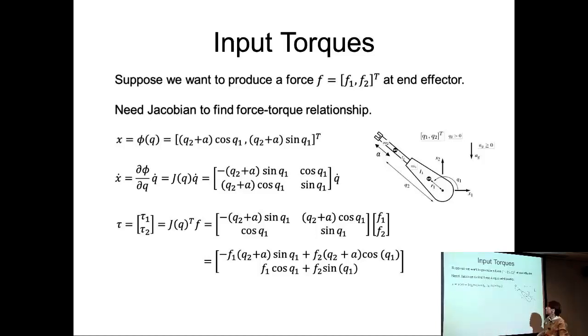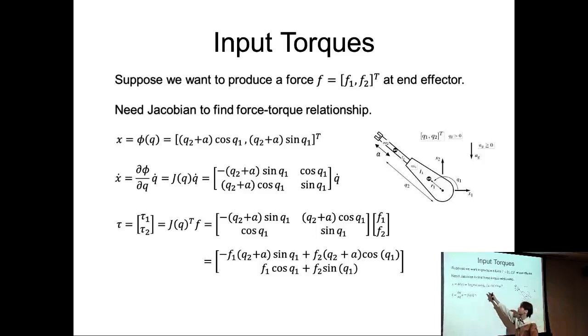So let's just review. Here's our 2-degree of freedom system, theta 1, theta 2, Q1, Q2. The forward kinematic map is simply the position of this end effector as a function of Q1 and Q2. We had to introduce this little a in here on this slide just to get to the position from the center of mass to here.